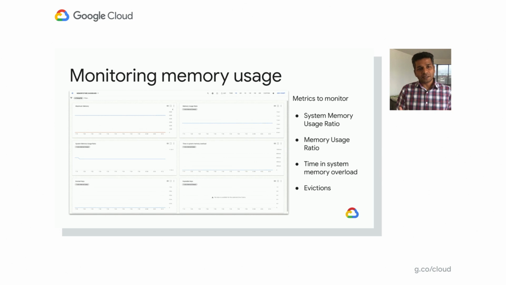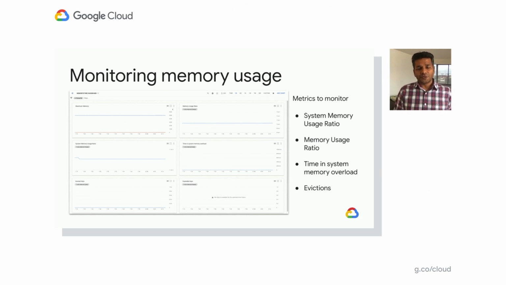So if your workload is causing a lot of memory fragmentation, then the system memory usage ratio will tell you whether the fragmentation is high or not. You absolutely should monitor system memory usage ratio and ideally set a threshold of about 80%, so that you can start right-sizing your instances once that threshold is hit. The other one is memory usage ratio, which tells you whether your deployed instance is being used optimally from a data usage perspective.